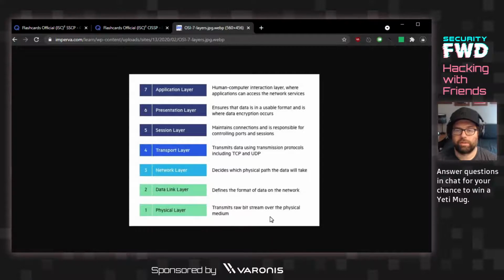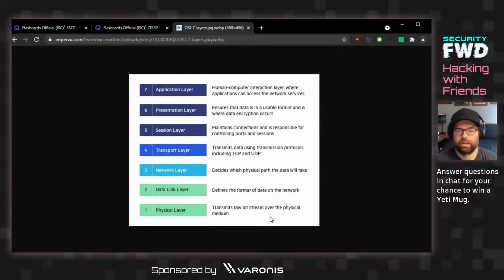Transmits raw bit stream over the physical medium. Okay. I guess there's physical, then there's physical. I was thinking of, is this copper or is this fiber? That type of physical? But if they're talking the raw bit stream, they're talking the signal at the physical layer.